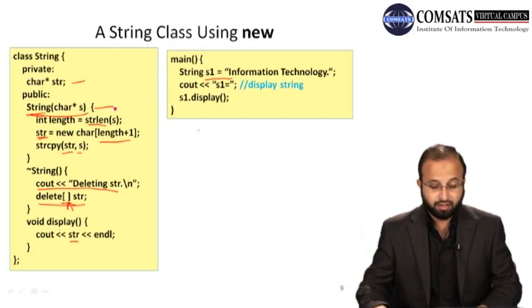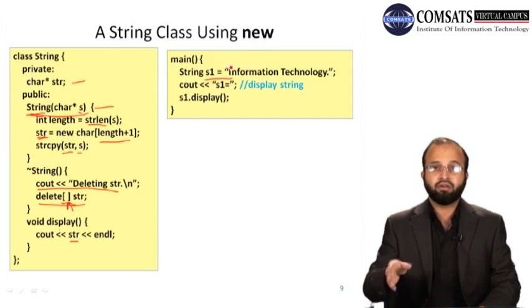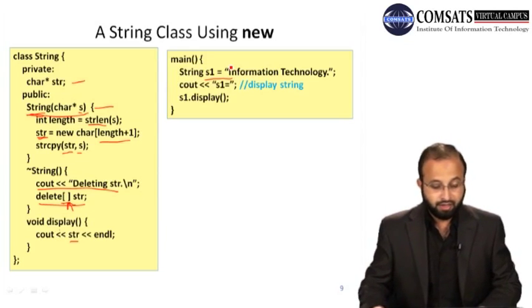So it calculates the s जो एक pointer है, that is the pointer local to the string constructor, and this pointer points to the memory location जहाँ पर आपके पास information technology लिखा हुआ होगा. Then आपने इसका size calculate किया, length calculate किया, and then you allocate the memory using the new operator.